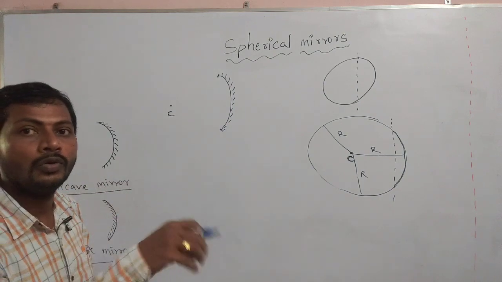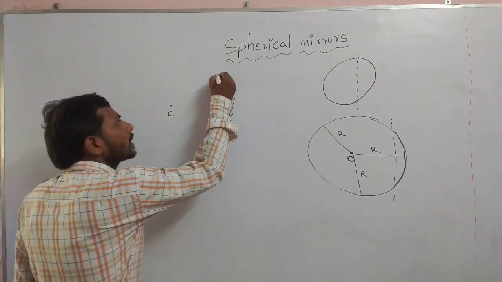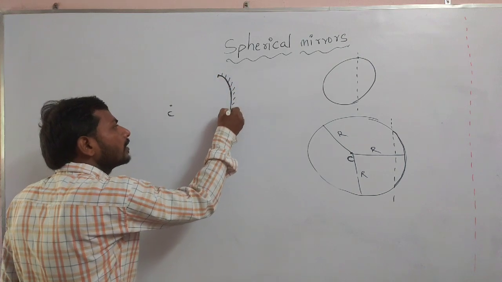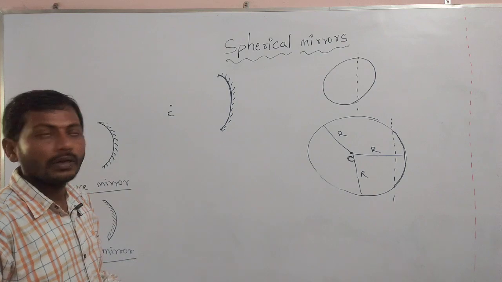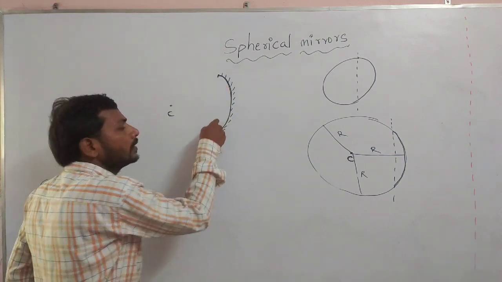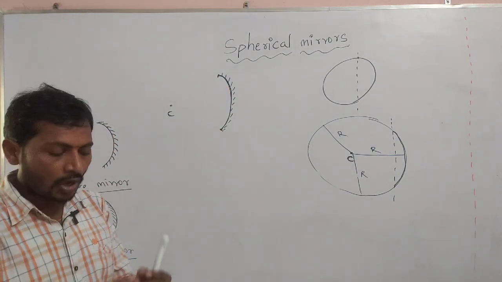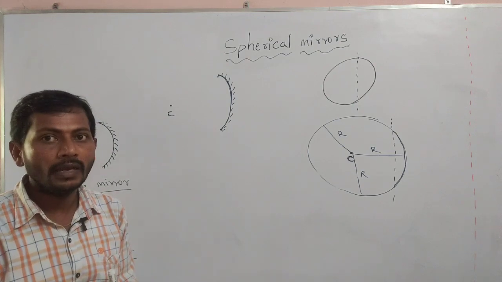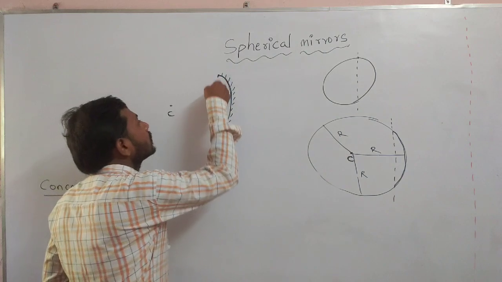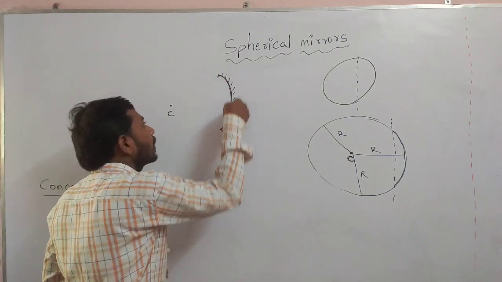Here this curvature is there. Now if you observe, how much curvature is there, and how will you measure it? You take one thread. You do not take the scale because it is not a straight line, it is a curved line.